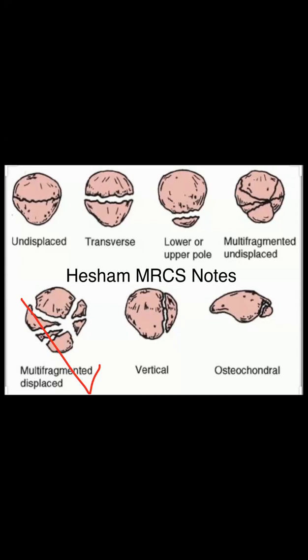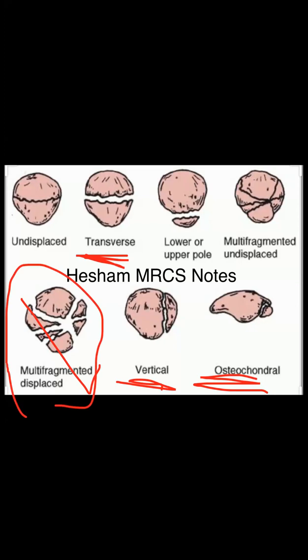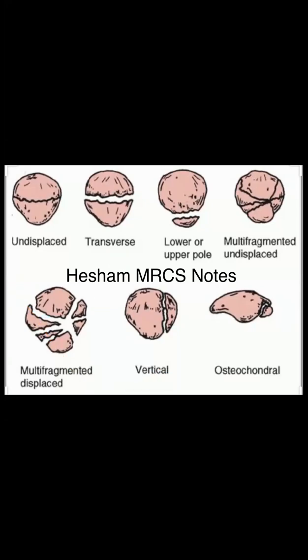But other types are transverse fracture, vertical fracture, osteochondral sleeve or osteochondral fracture. This is also important. But the most common, which will be asked all over the questions, will be the multi-fragmented displaced fracture, which is called the stellate fracture.